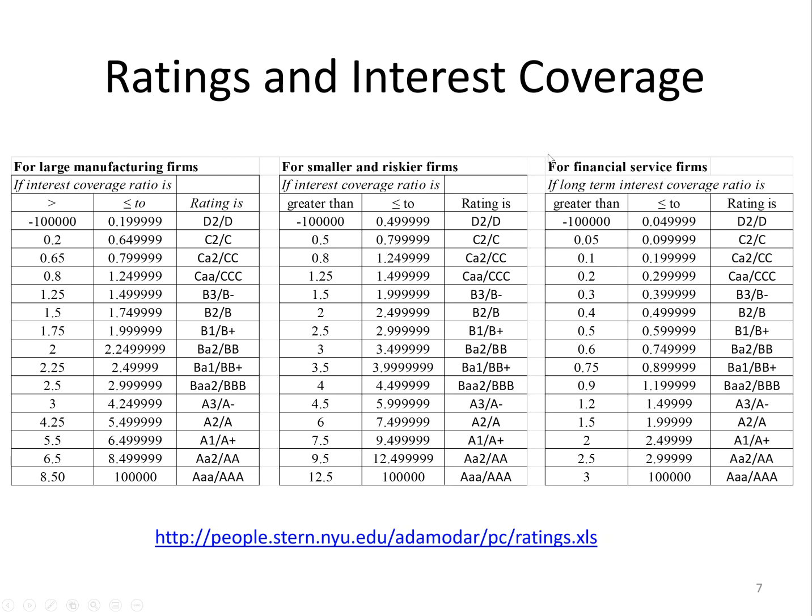So one way of thinking about ratings, if you boil it all down to interest coverage ratios, which are your operating profit over your interest expense: for smaller and riskier firms, a firm that has an interest coverage ratio between 3 and 3.499, so they're generating 3 to 3.5 times their interest liabilities in cash flows, has an S&P rating of about a BB. So it's a nice way of thinking about what it means to have a different rating.